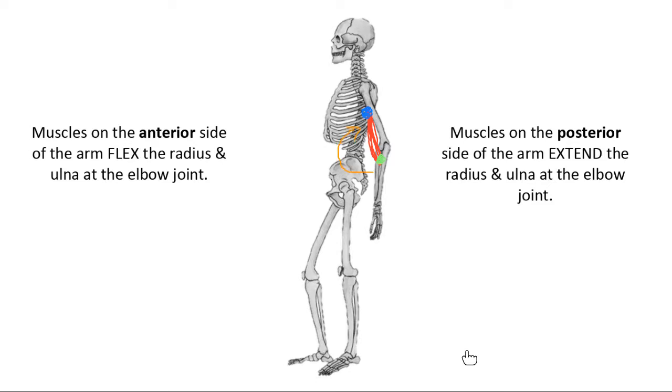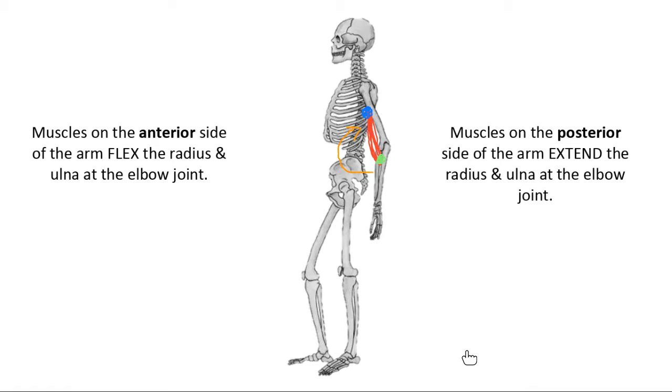Let me draw my arrow. My forearm is going to move closer to my arm because here's that insertion, here's that origin. I pull them together. If you live on the front side of the arm, like biceps brachii, you do the process of flexion. You bring things together.